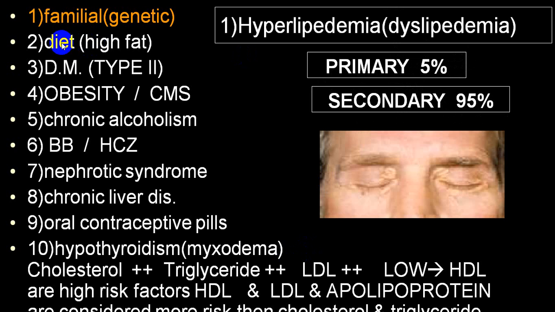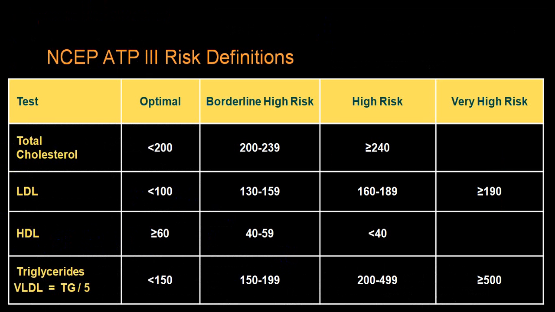which will include diet, diabetes mellitus, obesity, cardiometabolic syndrome, syndrome X, chronic alcoholism, drugs like beta blockers and hydrochlorothiazide, nephrotic syndrome, chronic liver disease, obstructive jaundice, oral contraceptive pills, myxedema, etc. So these are some of the common causes.